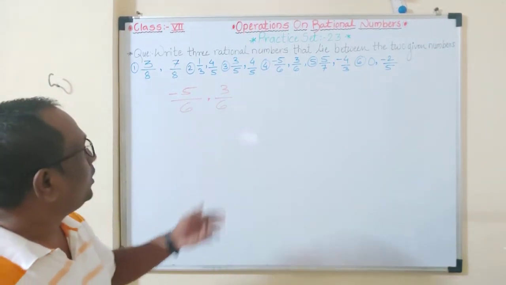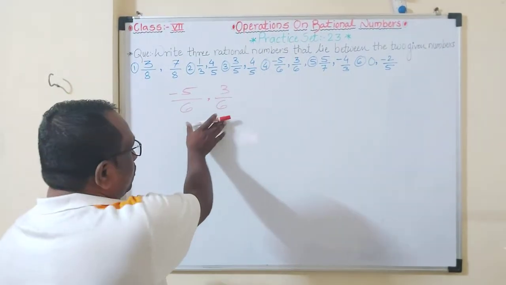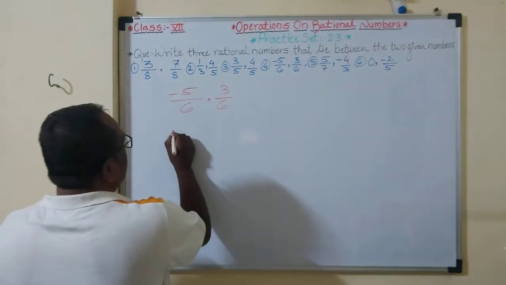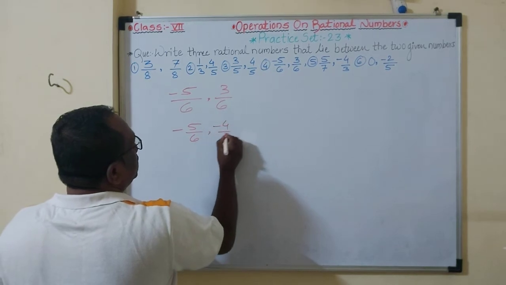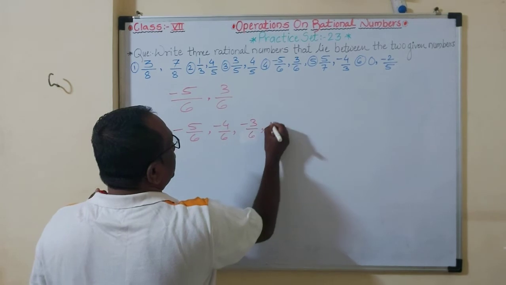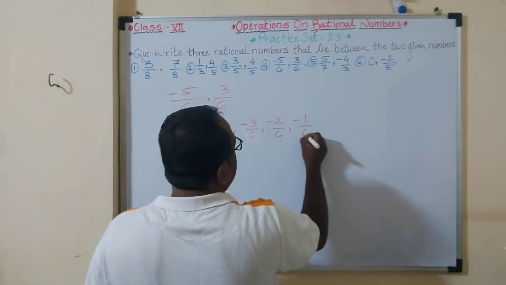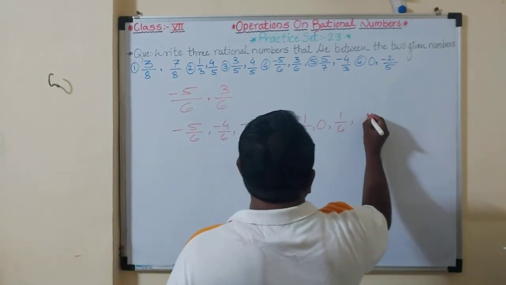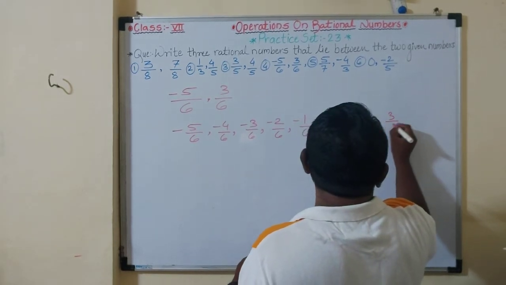Like this way, if denominators are same, there is no need to convert the denominator because they are already same. Now see here, minus 5 upon 6, then minus 4 upon 6, then minus 3 upon 6, then minus 2 upon 6, minus 1 upon 6, 0, then 1 upon 6, 2 upon 6, and then 3 upon 6.